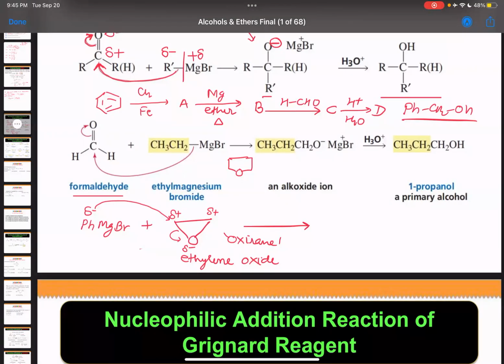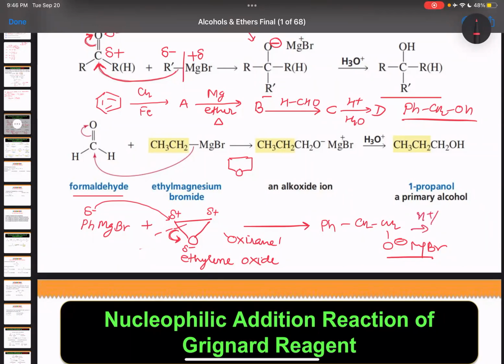So what you are going to get here? This is going to break away like this. And this is going to become OH after hydrolysis.